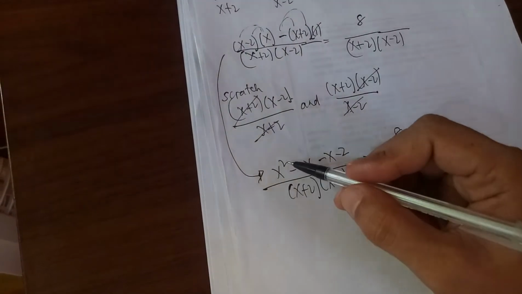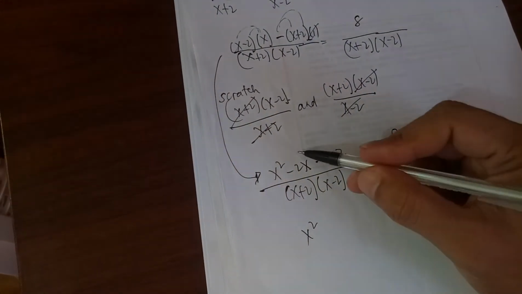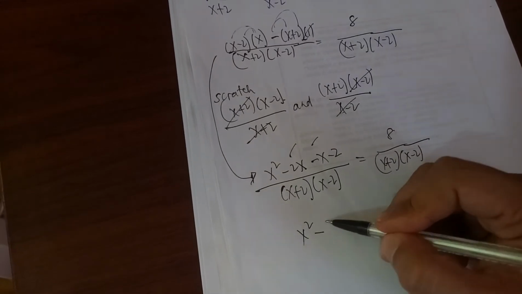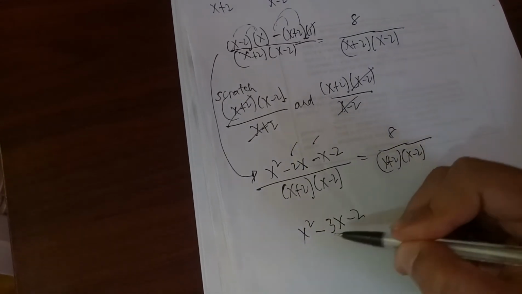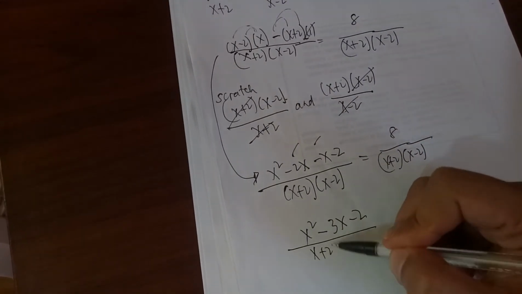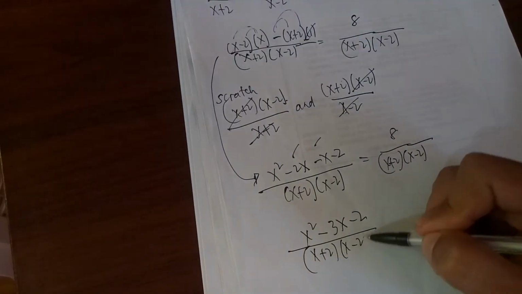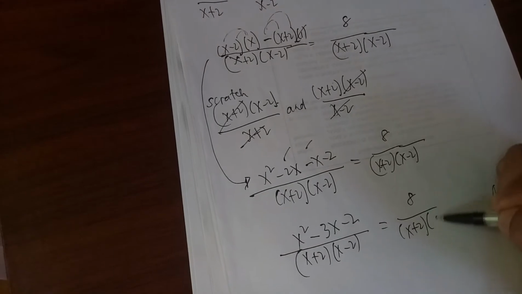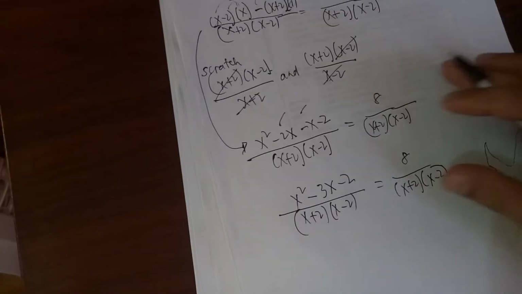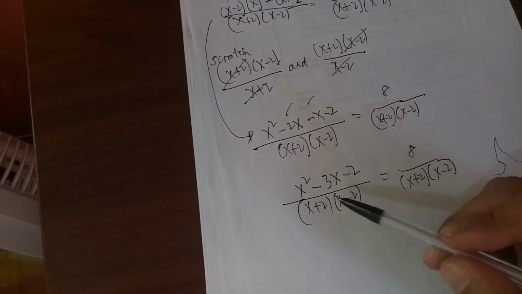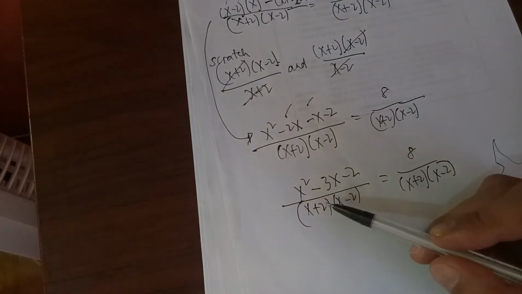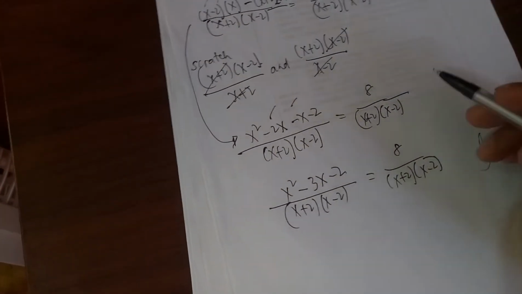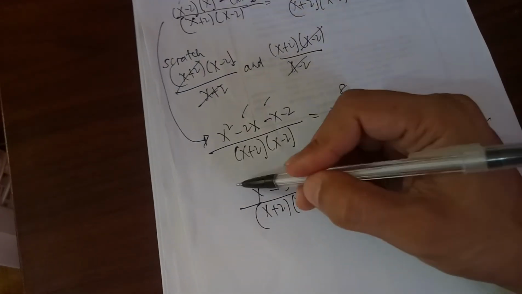Simplify. Let us copy x squared. One negative 2, one negative 1. So, what remains is negative 3x minus 2 over x plus 2 times x minus 2 is equal to 8 over x plus 2 times x minus 2. Okay? So, since both sides have the same denominator, we can cancel the denominator, or I'll show you why.